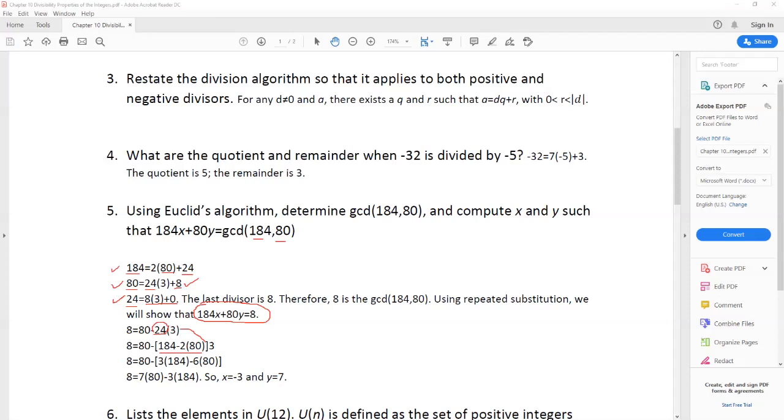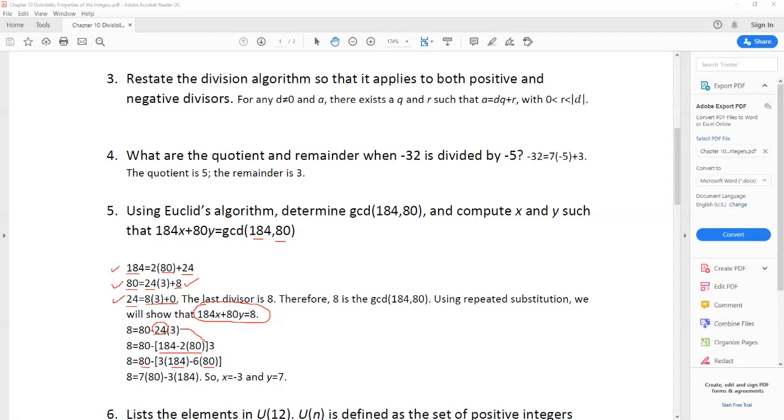And that's going to give me the GCD expressed in terms of only 184 and 80. Using algebra, this is going to give me 80 minus a negative 6 times 80. I will add that. That would give me 7 80s.